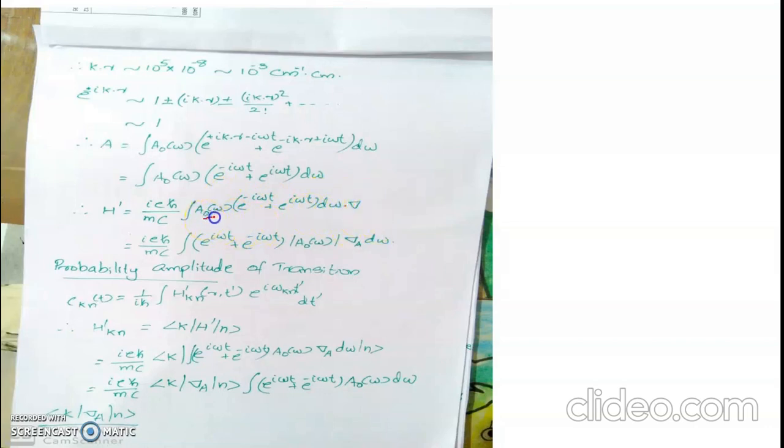Now this is a vector. A0 of omega is a vector. Grad is a vector operator, and we have to account for the dot product of these two vector quantities. As you know, the dot product has a physical or geometrical interpretation.